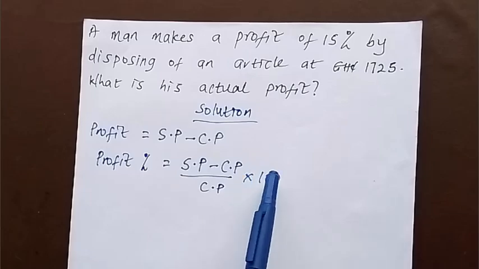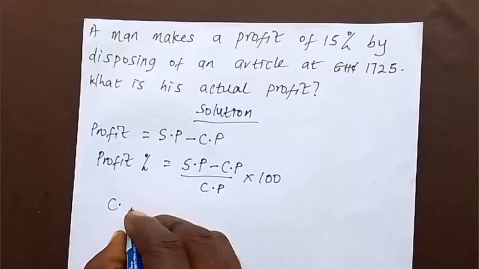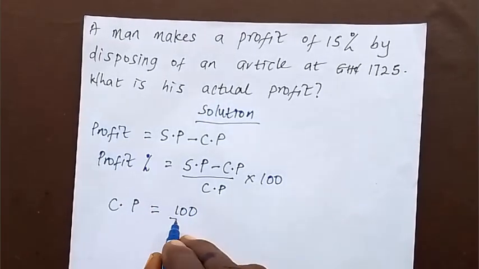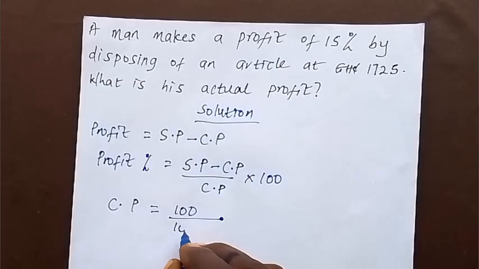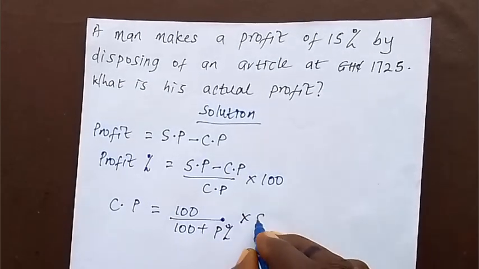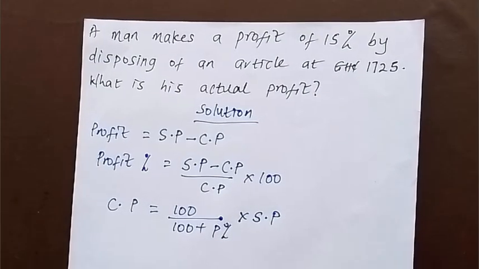By changing the subject, we make cost price the subject of this formula. So cost price is equal to 100 all over 100 plus profit percent, multiplied by our selling price. This is the formula we need to find the cost price.